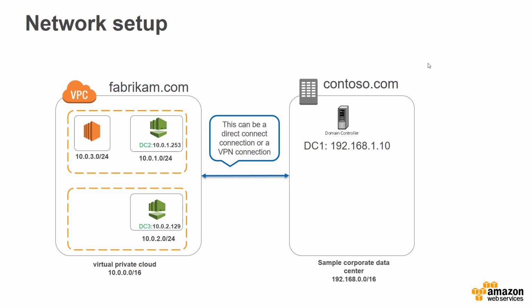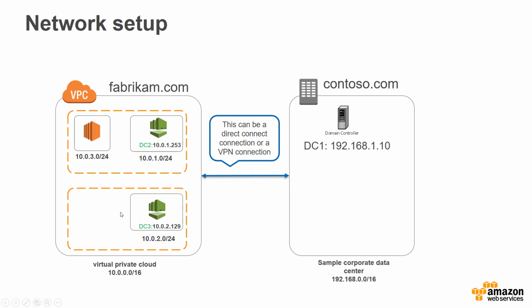You can do it through a VPN connection, or if you want to establish a faster connection, you can use one of our co-location partners and establish a direct connect between cloud and your on-premise network.